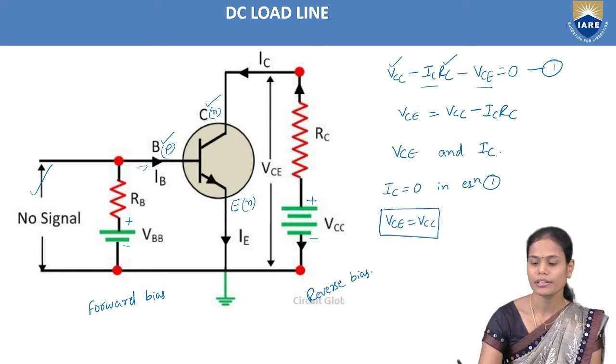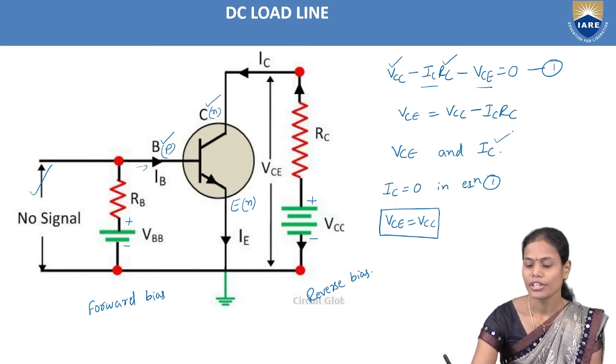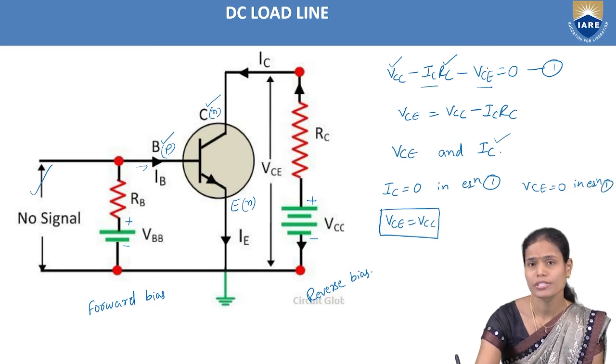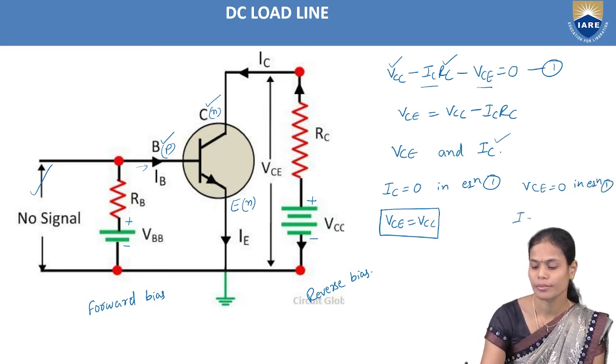Similarly, to find the collector current, we need to give VCE as 0 in equation 1. In this case, once VCE is equal to 0, we will get IC equal to VCC by RC.